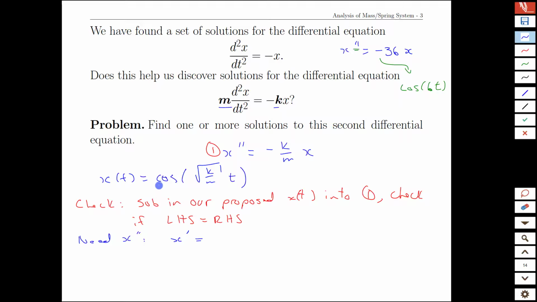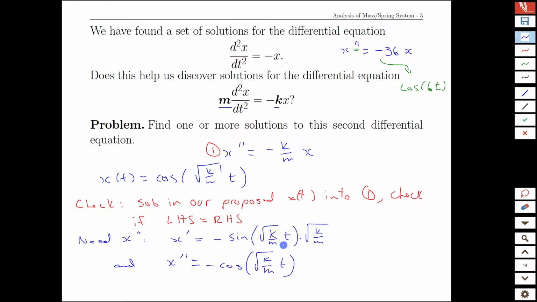Our solution was x of t equals cos of the square root of k over m times t. We take one derivative. We're going to get negative sine of the same thing, square root of k over m times t. And then because of the chain rule, we're going to get a multiplier of the square root of k over m. And then x double prime is going to equal negative cos, since the derivative of sine is cos, the same thing inside, square root of k over m times t.